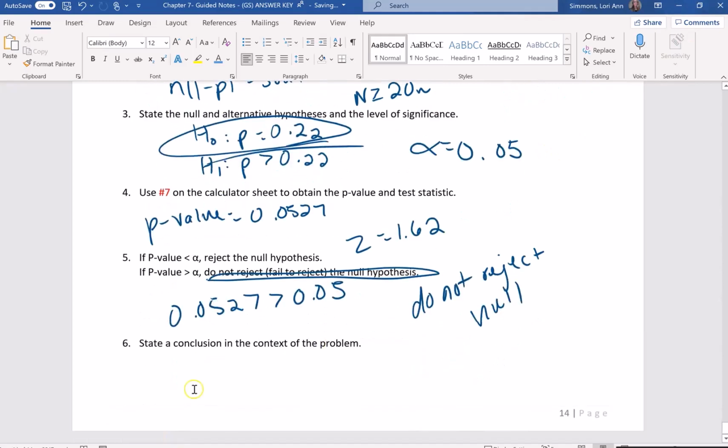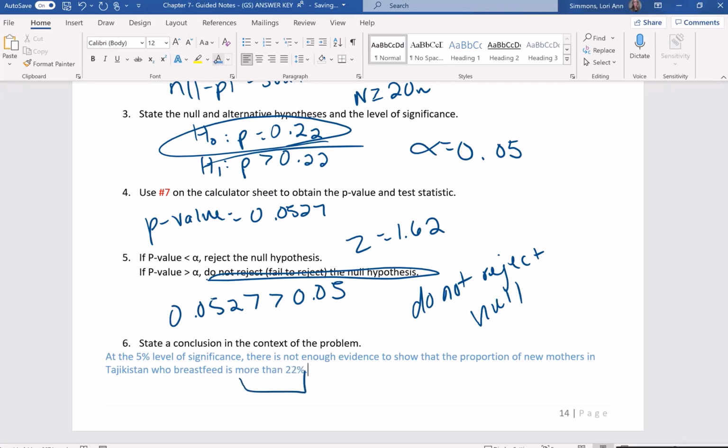Okay, let's state our conclusion. At the 5% level of significance, there is not enough evidence to show that the proportion of new mothers in Tajikistan who breastfeed is more than 22%.